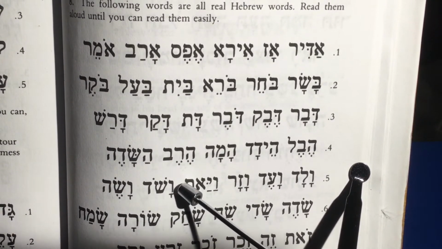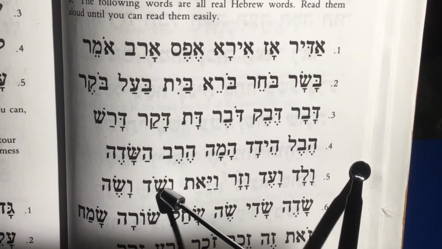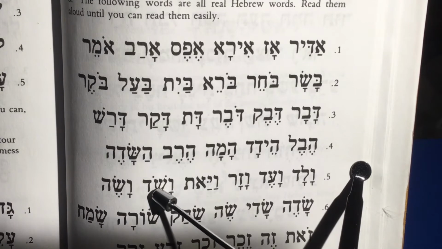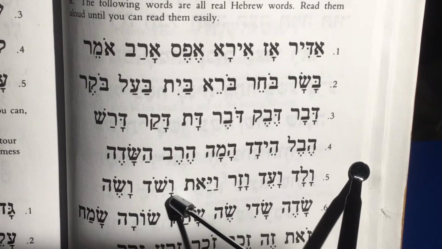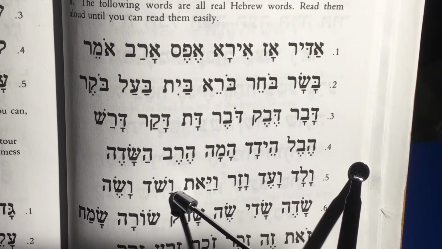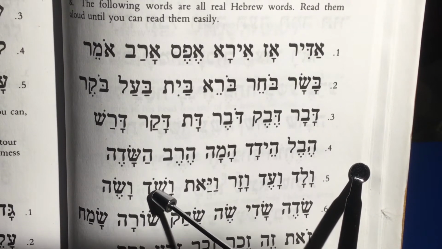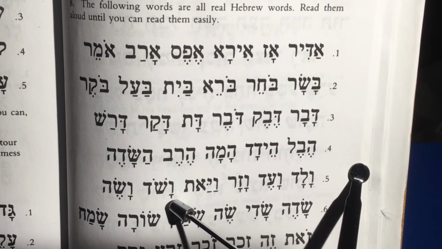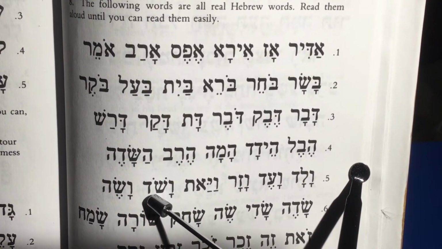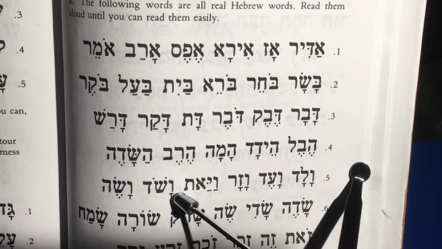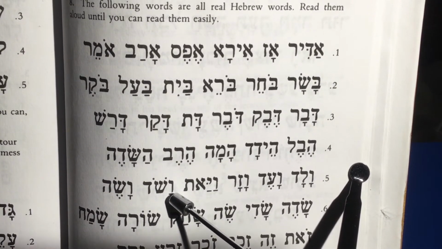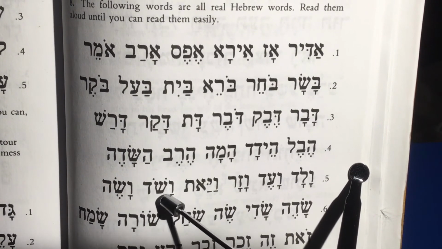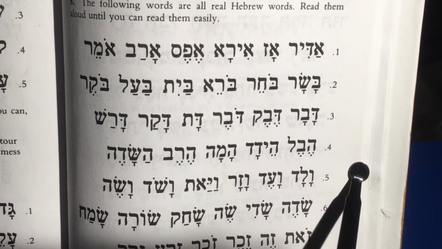Let's see. This is vasho. I'm not sure about this one right here. I know this is var. It could be var, and this could be showed. Vashowed. Because the vowel points are not there. Some things are missing here, so I'll research this and come back later.